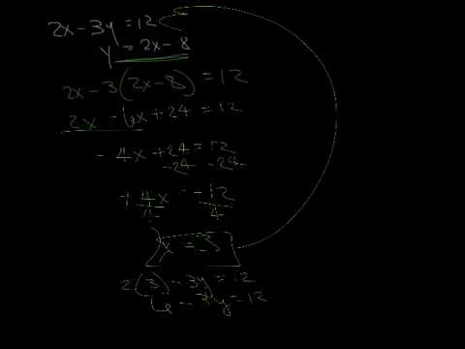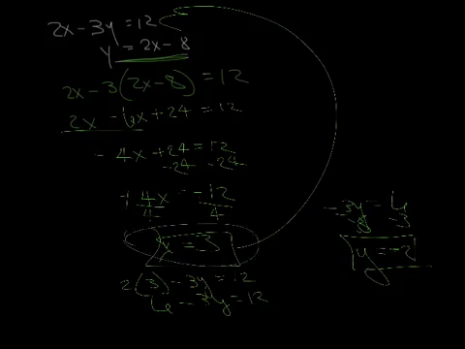We subtract 6 from both sides and we get negative 3y equals 6. Then we divide by negative 3, and y equals negative 2. So we have x equals 3, and our answer is 3, negative 2.